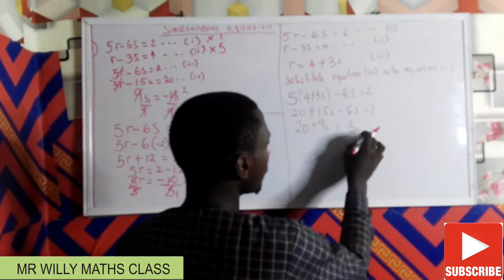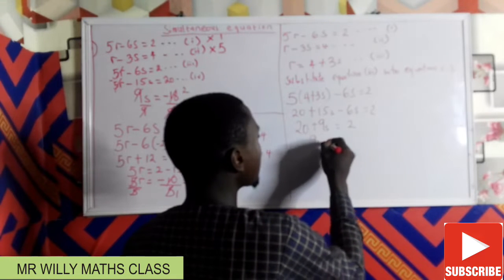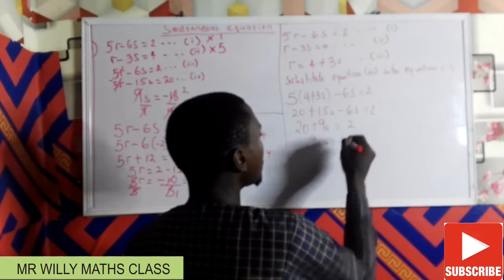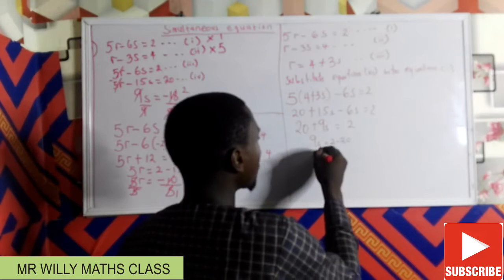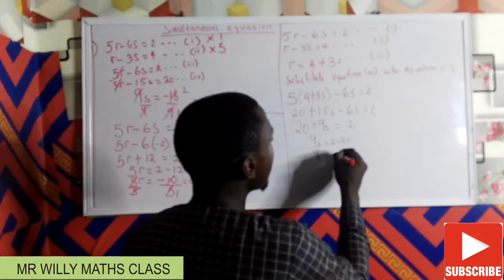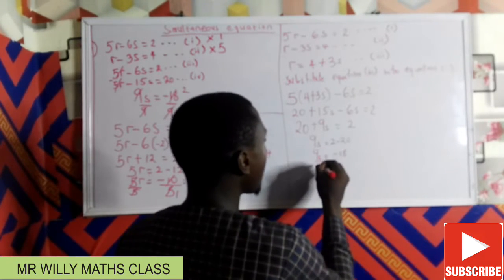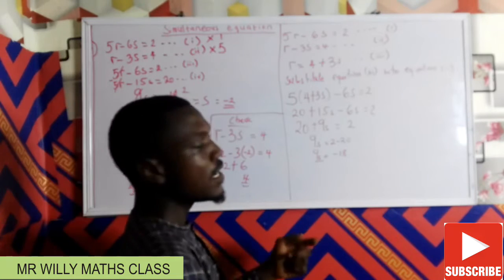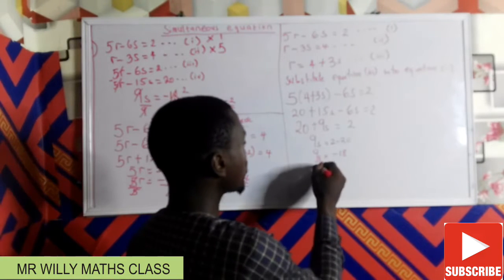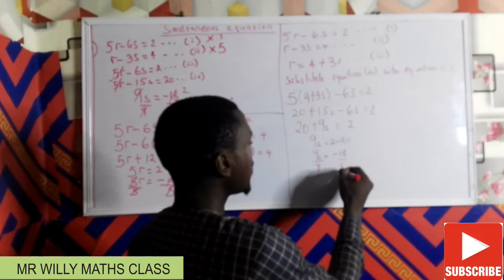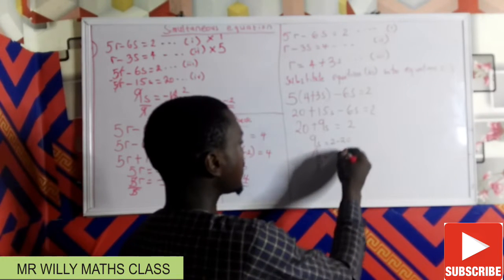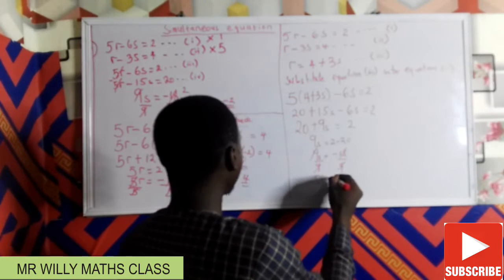Now you move this 20 to the other side, it turns to minus 20: 9x equals to 2 minus 20. And 2 minus 20 is what? Minus 18. The next thing is to divide both sides with the coefficient of x, which is 9. You divide both sides with the coefficient of x, which is 9. So 9 will cancel 9, and 9 in 18, that's 2. So your x is minus 2.